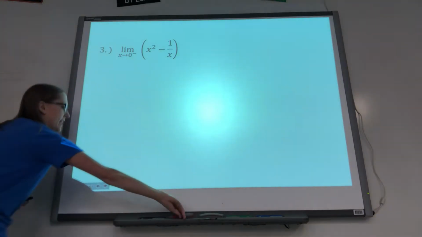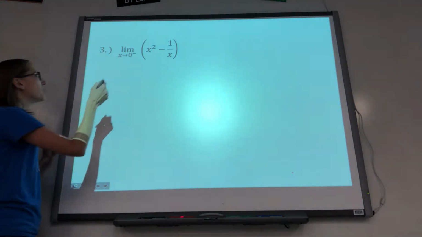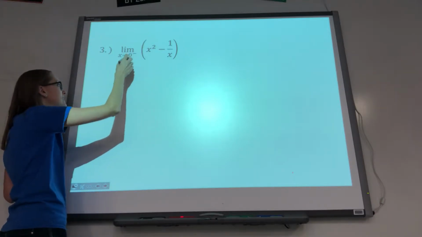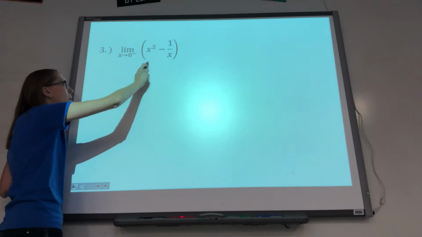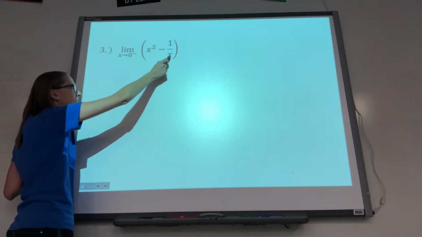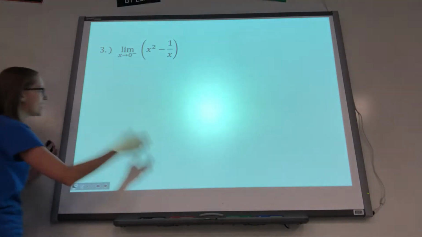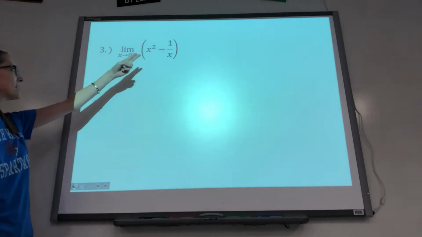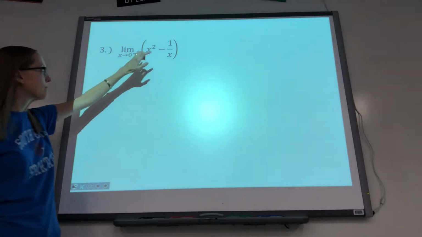It's from the left again, but I can try to do it just as x approaches 0 from both sides and see what happens. But plugging in a 0 right here is going to make a 0 on the bottom of a fraction. You can't have that. So direct substitution does not work.